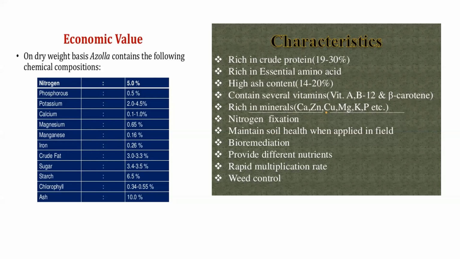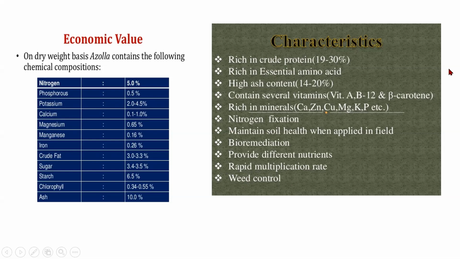So it can act as a bioremediation substance also. And it can provide many different nutrients, not only nitrogen. Rapid multiplication rate, yes, it grows very fast, and it can also be used for weed control.